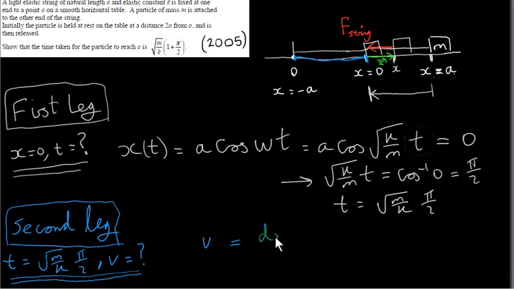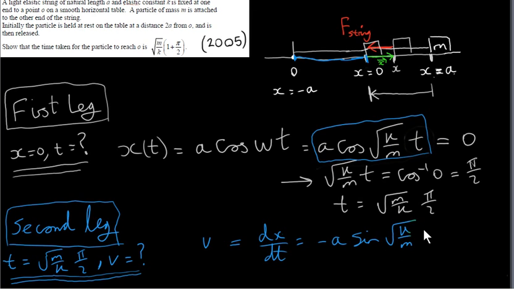V is the derivative of x with respect to time. That's distance x over time, distance traveled over time taken. So we just differentiate this here. So this is our x of t, differentiated with respect to time. Well, the derivative of the cos function is minus sine.